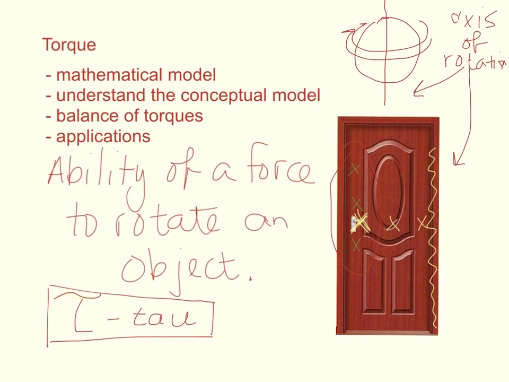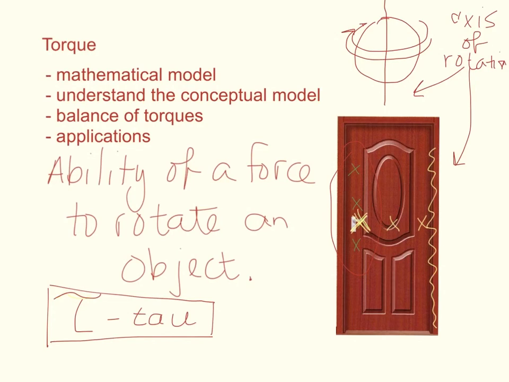So that's an important definition. The axis of rotation is the location, or the axis, around which the object rotates. So for the door, it's the hinges. For the basketball, it's this imaginary line that passes through the basketball.